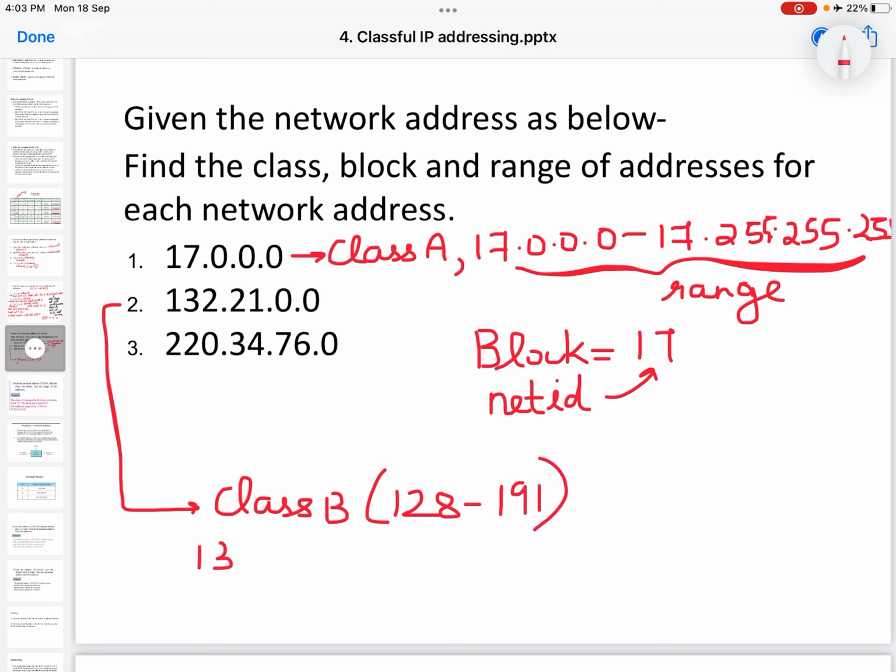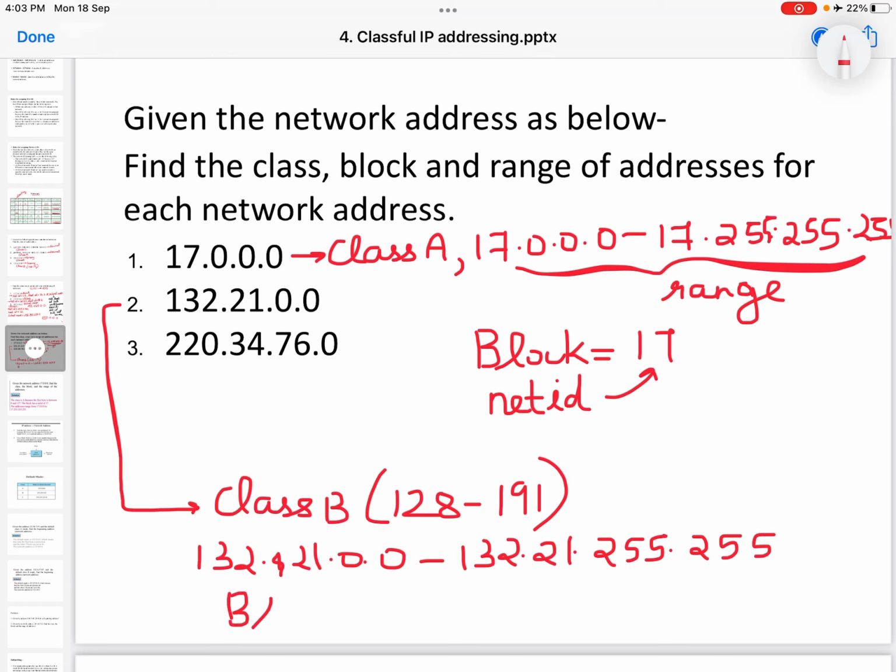Range is 132.21.0.0 till 132.21.255.255, and my block is your net ID, that is 132.21.